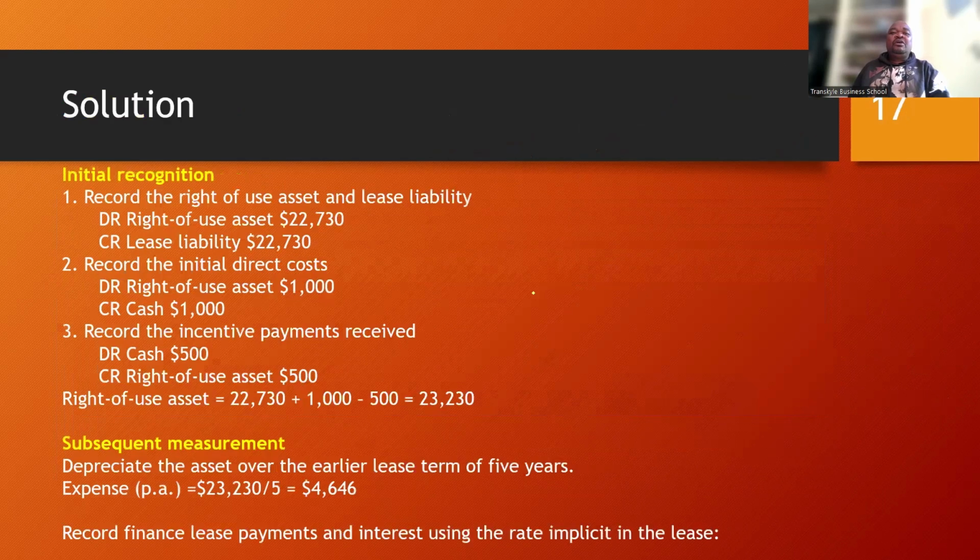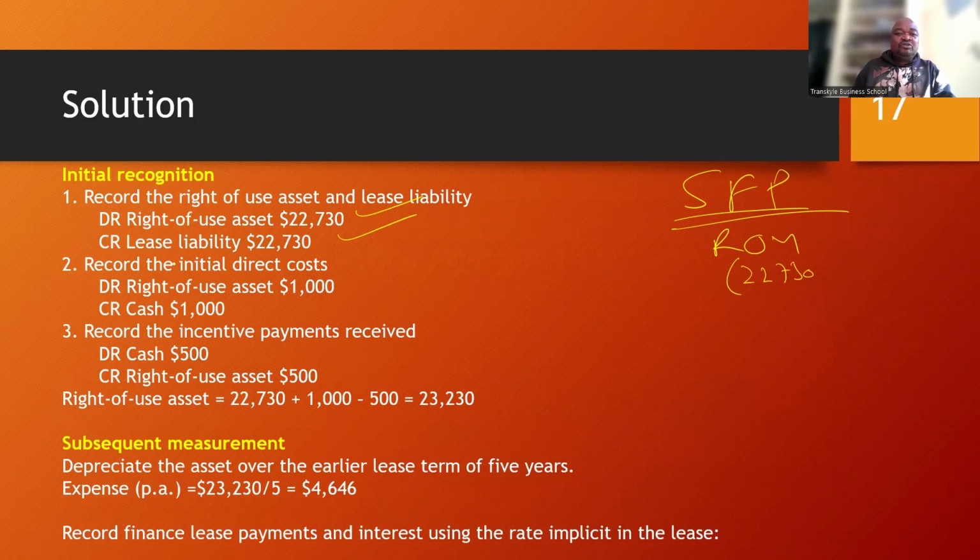All right. So first of all, we need to recognize the right of use asset as the equivalent amount to the lease liability, which we would have calculated. However, the right of use in the SFP would be increasing in value. Initially, we had recognized it at 22,730, but it is going to be increased by the initial direct costs, which are 1,000.